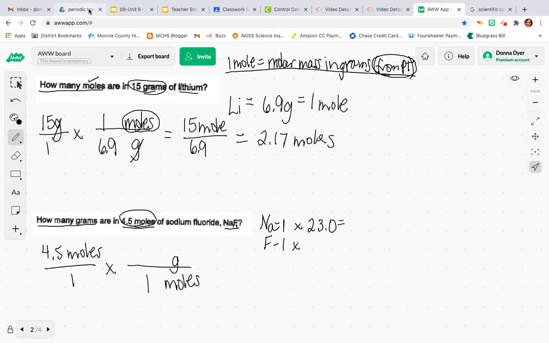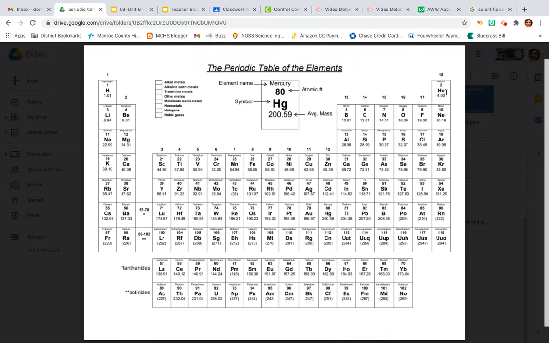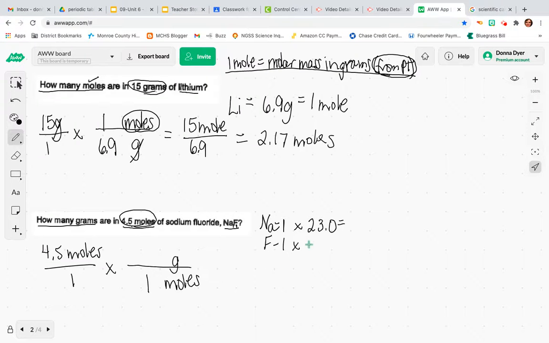Fluorine is 19.00. The second 0 doesn't change the first 0, so 19.0. Then we multiply 1 times 23, 1 times 19, and then we add 23 plus 19. And I know that that is 42. So what that means is there are 42.0 grams in 1 mole of NaF.